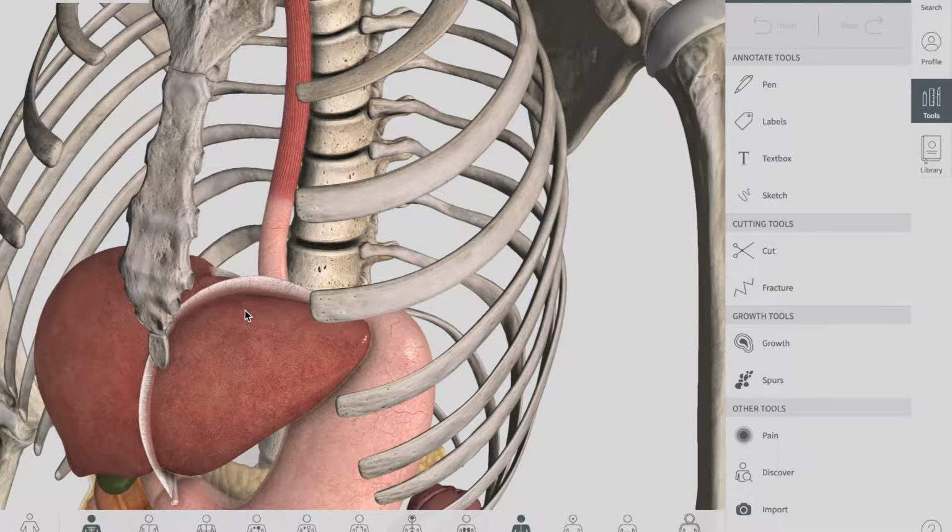So at the gastroesophageal junction we have a physiological sphincter. What phenomena are making it a physiological sphincter?